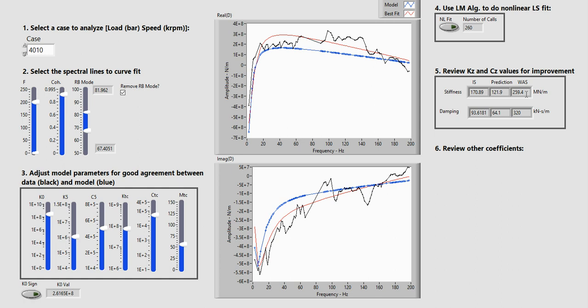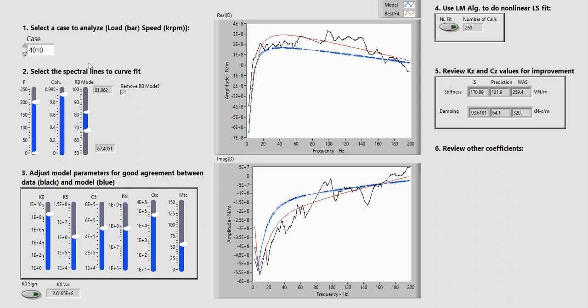So I originally had 260 meganewtons when XL thrust collar predicted 122. And using this technique, I'm down to 171, and there's much improvement in the damping estimate. So that's also good news, but I expect when I propagate the uncertainty and calculate an R-squared value for this curve fit, it would be marginal at best.